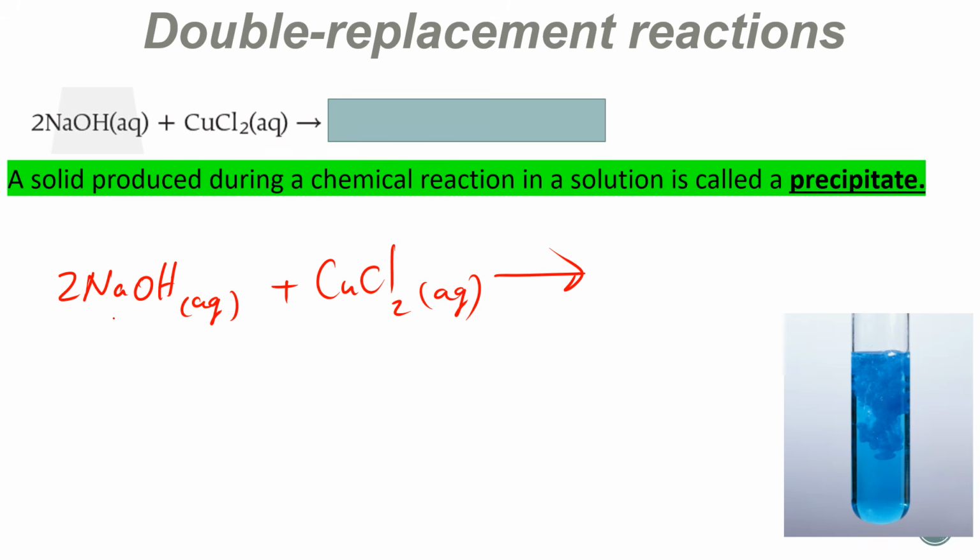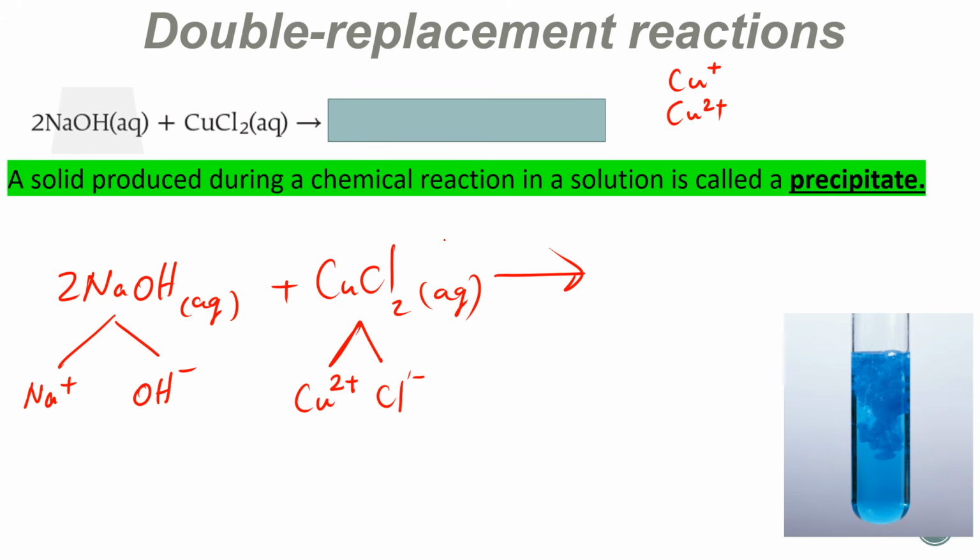So now you need to find what the ions are here: Na plus, OH minus, and here Cu plus 2 and Cl minus 1. Now Cu can be plus or plus 2, but because I have two Cl here and we know the charge of Cl is minus 1, the Cu must be plus 2.